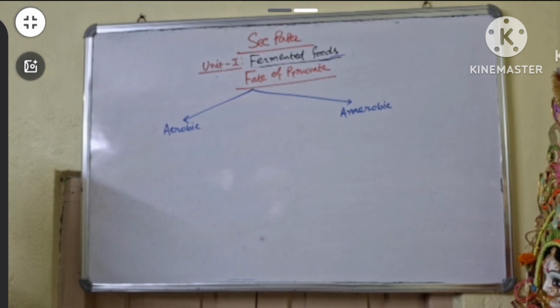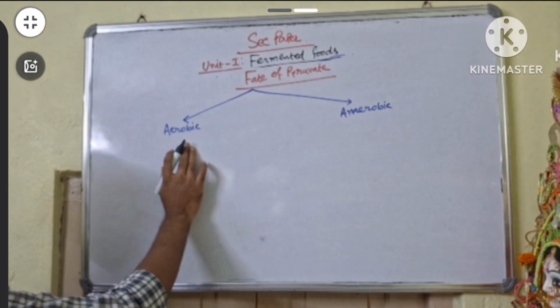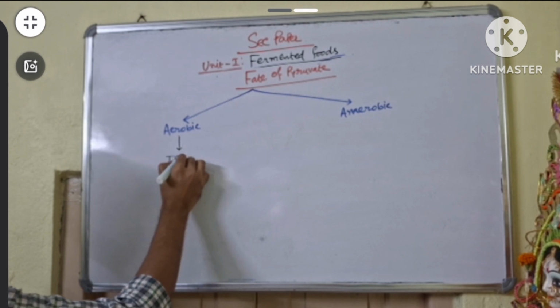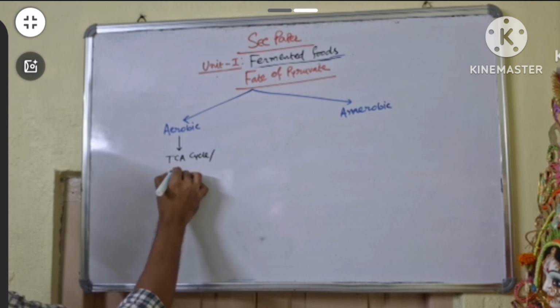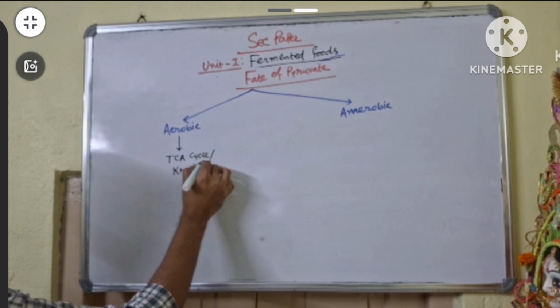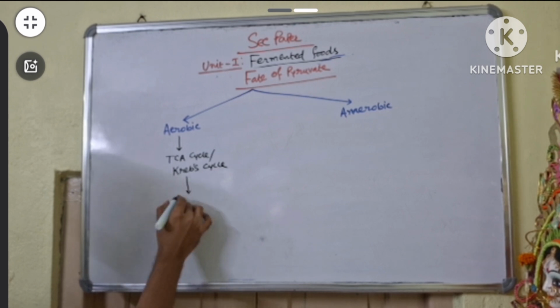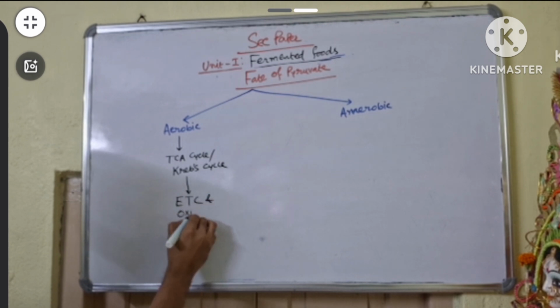If pyruvate enters aerobic respiration, it is further degraded by the TCA cycle or Krebs cycle, followed by electron transfer through the electron transport chain and oxidative phosphorylation.